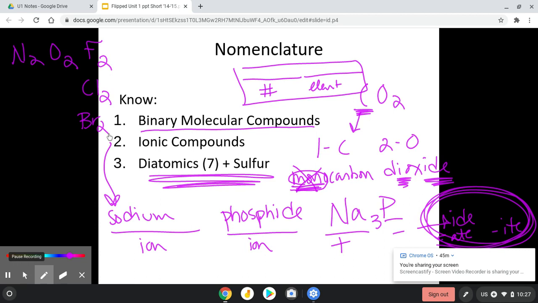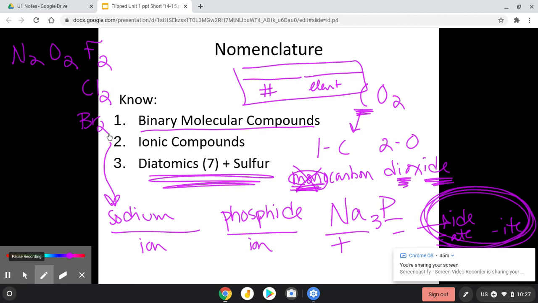Notice that they make a 7 on the periodic table, and then you also have to include hydrogen, which is not in the cool 7 club. Okay, so those 7 elements exist as diatomics.